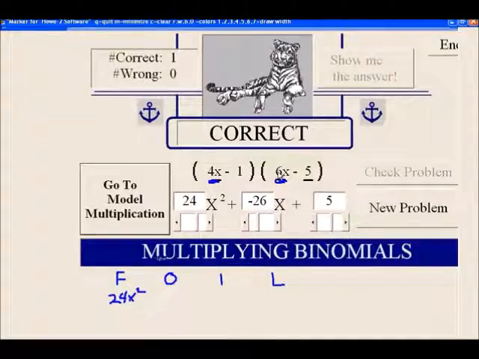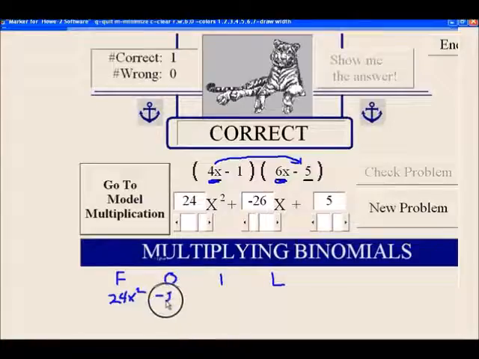Like if we think of 4 things standing in a row, there are 2 of them on the outside. So here's the outside, minus 20x. And there are 2 things that are on the inside, minus 6x, and then the L stands for last, plus 5. Now that's what we did before.